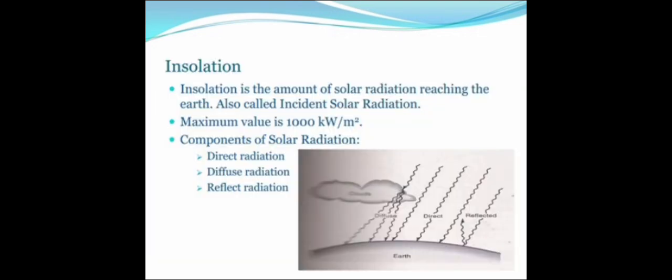So what is insolation? Insolation is the amount of solar radiation reaching the earth, also called incident solar radiation. This value is generally expressed in kilowatt per meter square per day. This is the amount of solar energy that strikes a square meter of the Earth's surface in a single day.